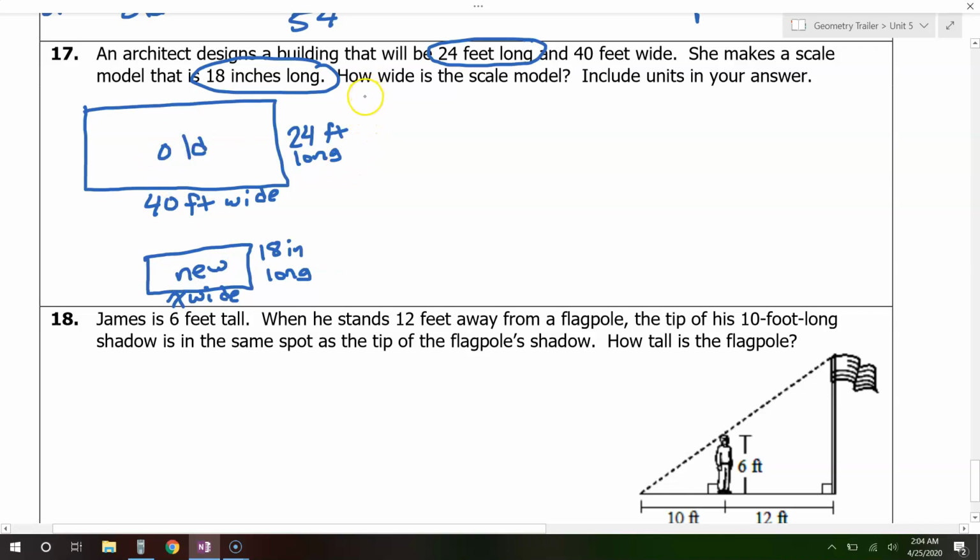It doesn't matter which one is which, as long as you write your equation in the form new over old is equal to new over old. Looking at the width, new over old would be x over 40. Looking at the long side, new over old would be 18 over 24.